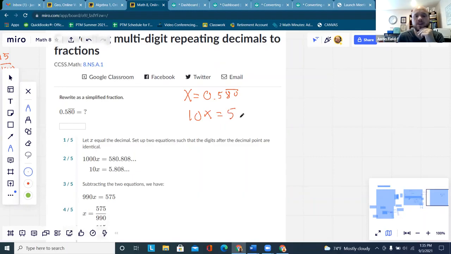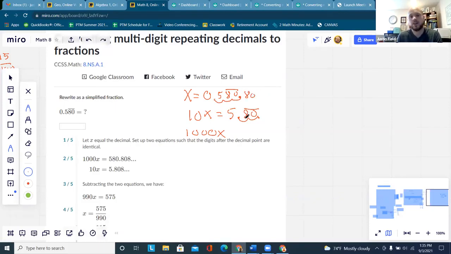And then we would add the 5 in front and then the 80 in the back. And now to get an identical thing, because there's 2 numbers in the pattern, you have to add 2 zeros more to make 1000x. And then, yeah, moving it 3 times, put it right here, and remember 80, 80.